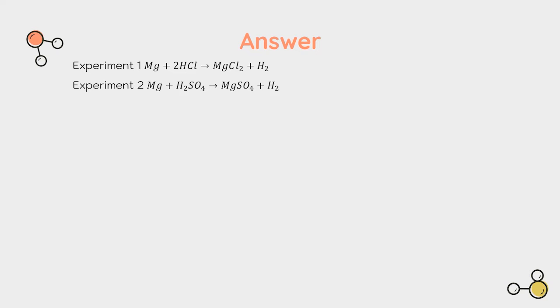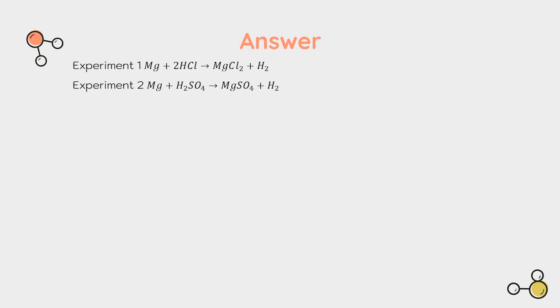So first of all, what we do is we write the overall reaction of both experiments. So for experiment 1, here we have magnesium reacting with hydrogen chloride to form magnesium chloride and hydrogen gas. And for experiment 2, we have magnesium reacting with sulfuric acid to form magnesium sulfate and hydrogen gas.